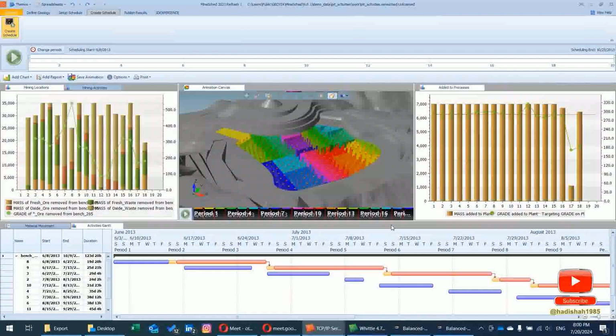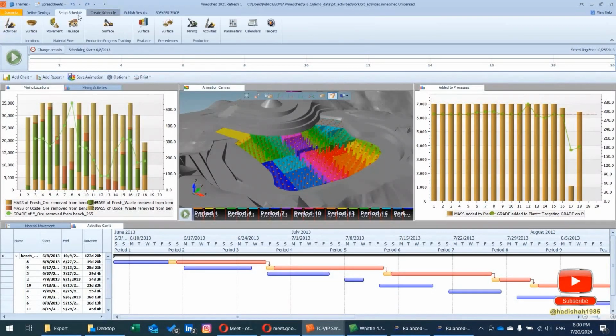These are simulators, or simulating software, that are used to validate our assumptions about the production rate of each fleet or each machinery that we are using in scheduling or planning.